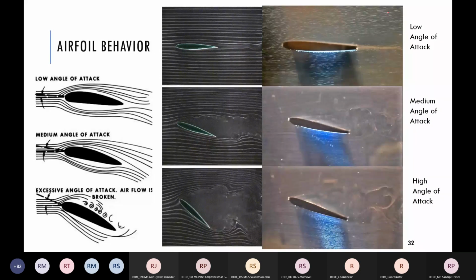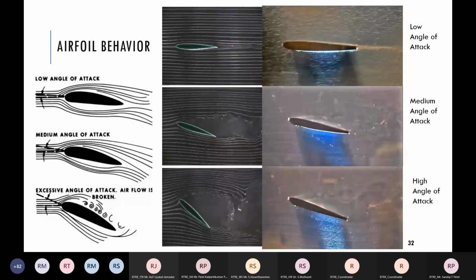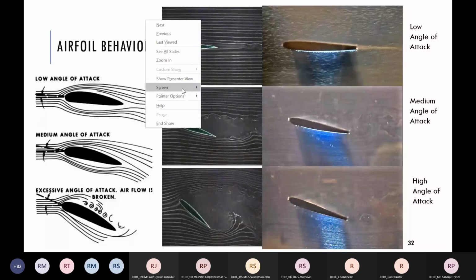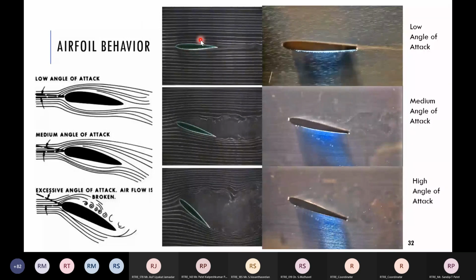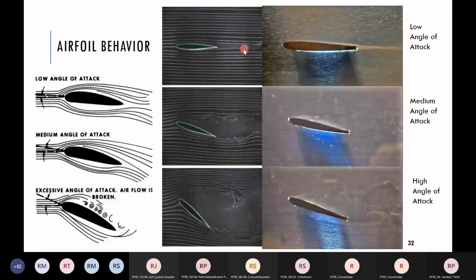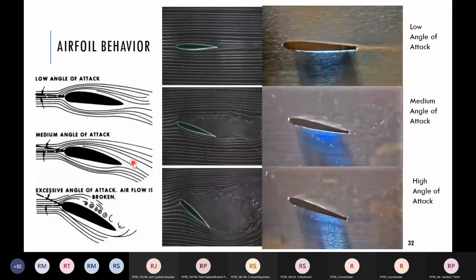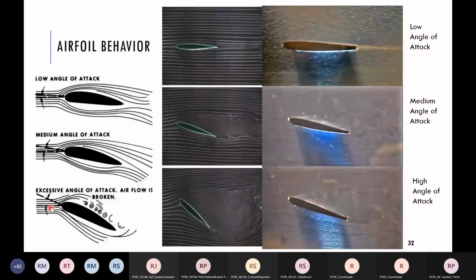So here, the flow is very streamlined. You see, here the flow is very streamlined. So lift is very small. If we increase the angle of attack a little bit, to a medium angle of attack, the lift will increase. But if we excessively increase it, what happens?